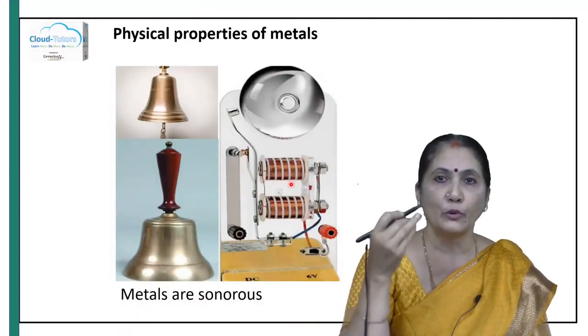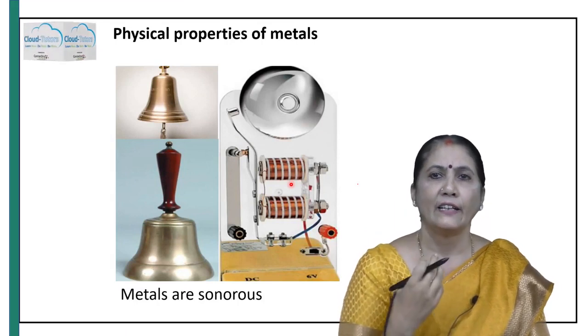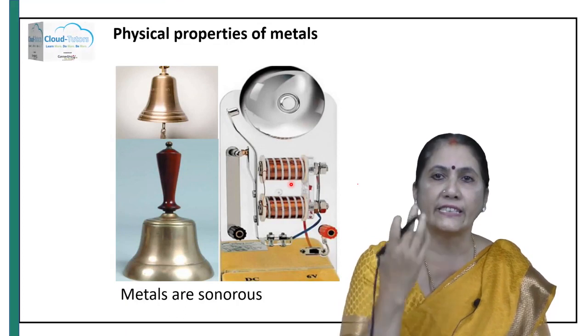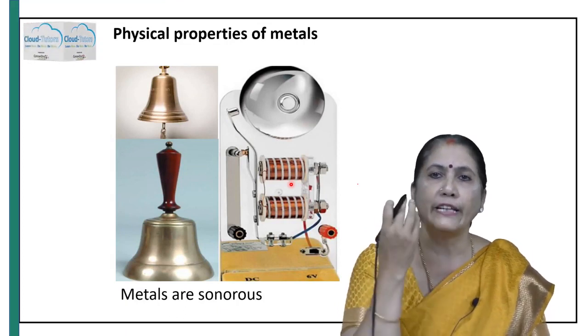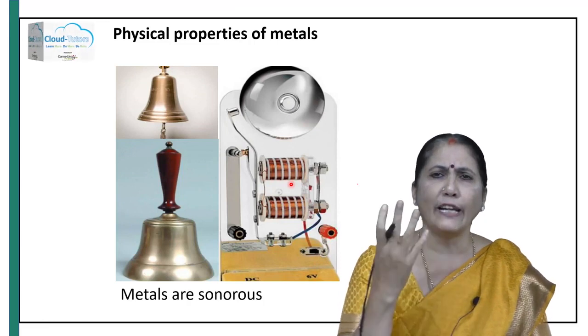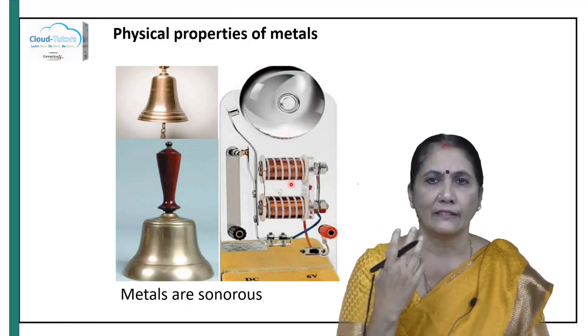Now coming to one more significant usage: the school bell, the church bell, or the bell which is there in a temple. It is all able to give you a metallic ringing sound.